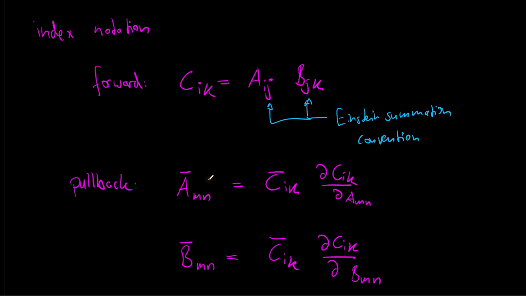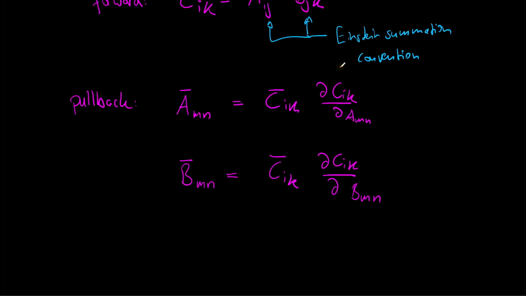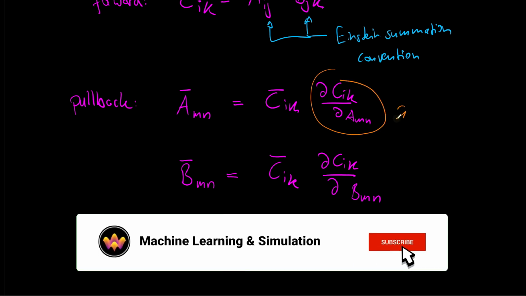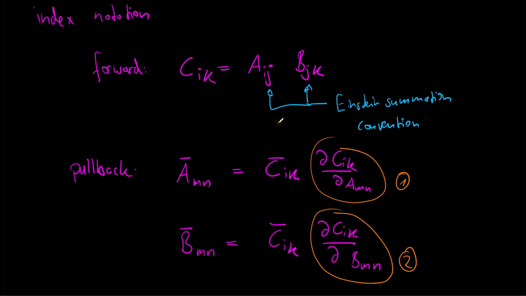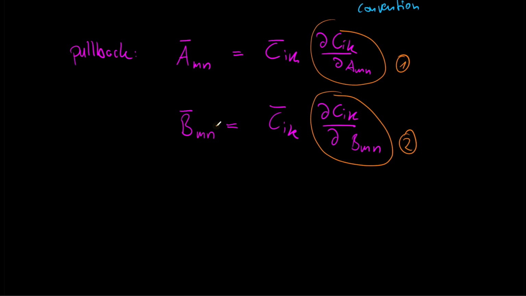To now evaluate the pullback, we have to evaluate these two derivatives. So let me indicate them. We will do this one first, and then afterwards we will evaluate this derivative. And in order to find that, we will look at the forward computation and just perform the derivative and then plug it back in, and then we find a closed form solution for the pullback. So let's do that one first, where we will take the derivative of C_ik with respect to A_mn.